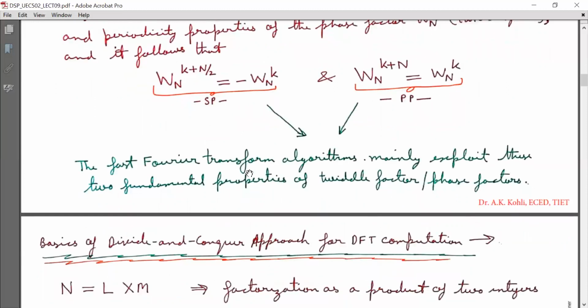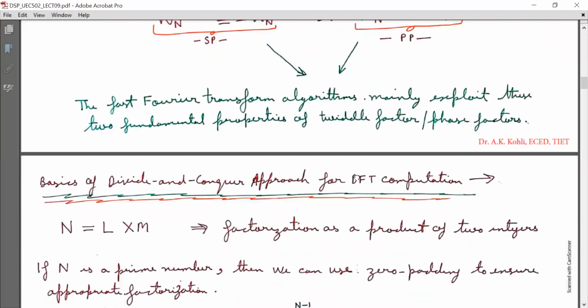The fast Fourier transform algorithms mainly exploit these two fundamental properties of twiddle factor to reduce the computation complexity of DFT calculation.